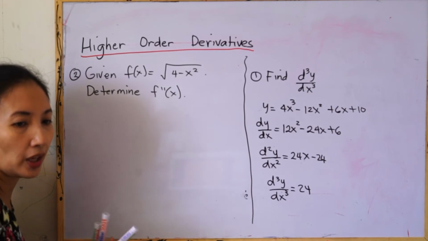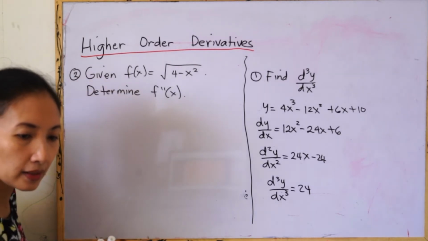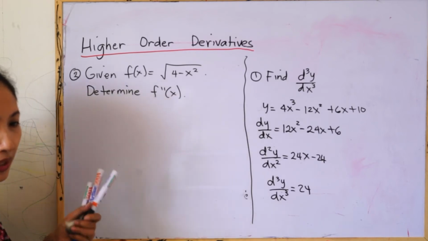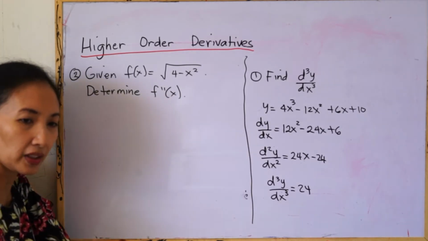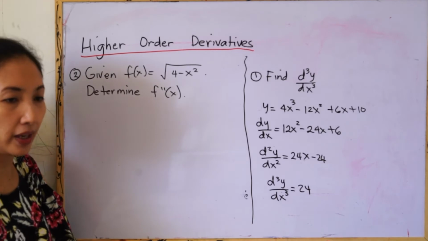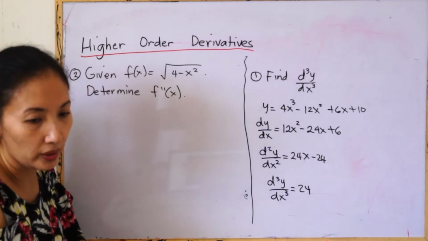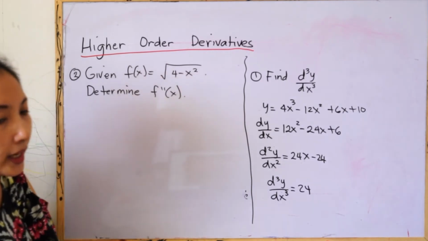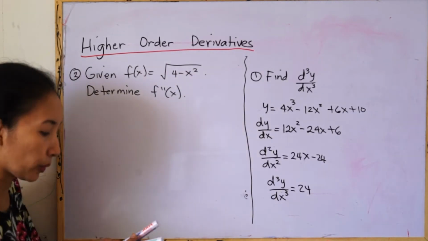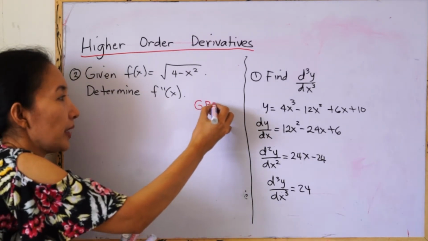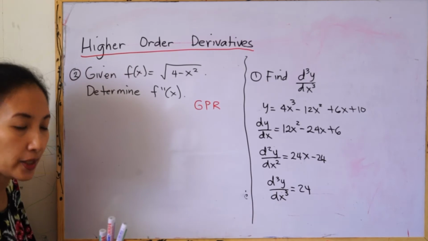Now, looking at the form of the function given, what rule shall we apply to take the first derivative? Looking at it, f of x is equal to the square root of 4 minus x squared, the GPR, or the generalized power rule. Differentiate by using GPR.